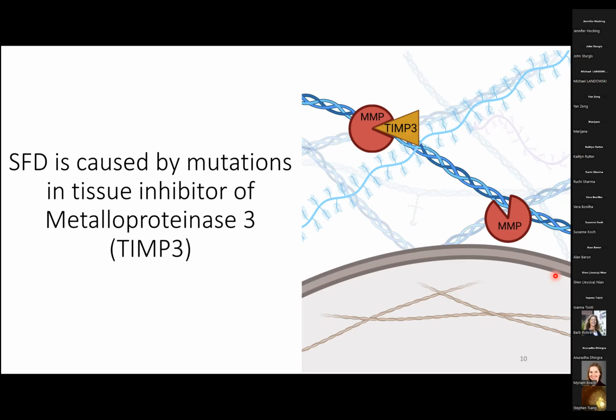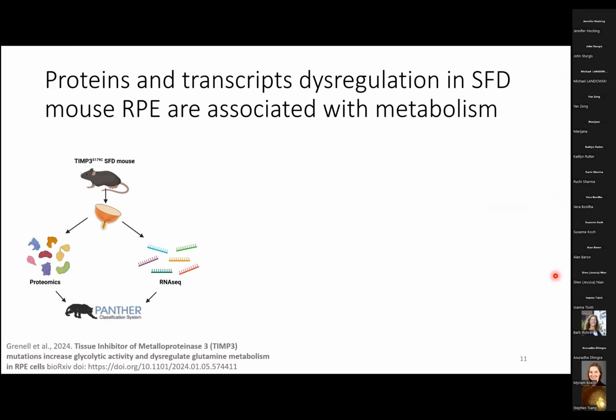So we started this project using a broad approach, and we did proteomics and RNA-seq on our SFD mouse. So this is a mouse that expresses the S179C variant of TIMP3, and we did proteomics and RNA-seq and then analysis using Panther gene ontology.